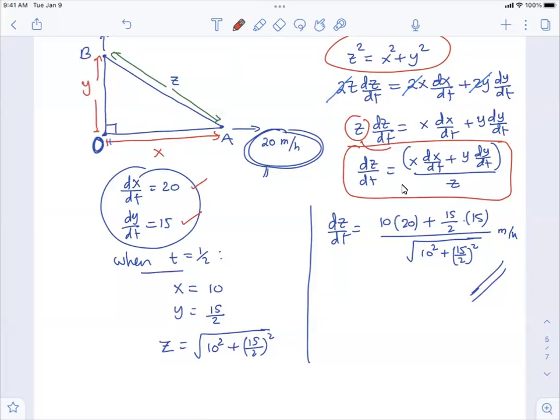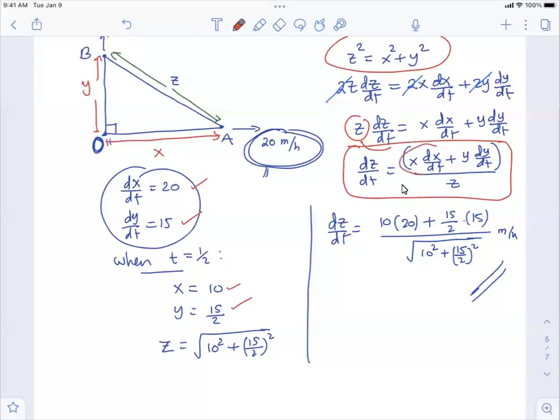So when you multiply the speed with the corresponding time, 20 times 1/2, one half hour at a speed of 20 miles per hour, would result in just 10. And at the same time here, 15 times 1/2 would result in 15/2. So those are pre-computed, and those are the two values for x and y that we will have here. So x should be fine and y should be fine.